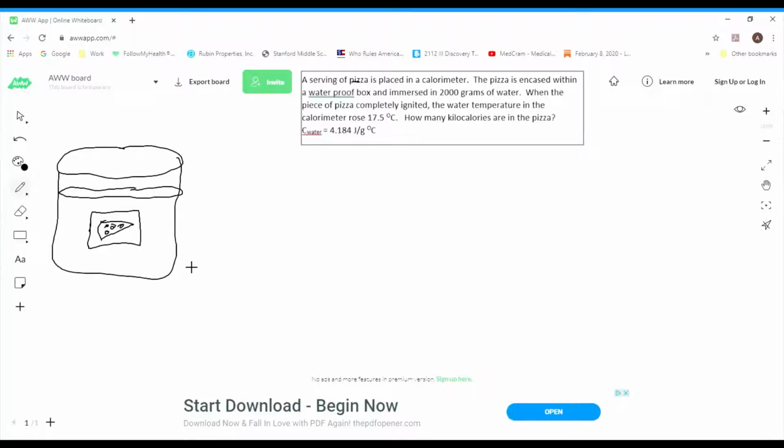So we're going to ignite it. And when we ignite this thing, all this heat starts going out, and the water here gets warmer. So we can say that the Q of the pizza, thinking of the pizza as a system, is equal to the negative Q of where the heat is going, which is basically the water.